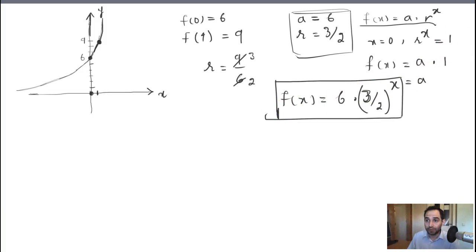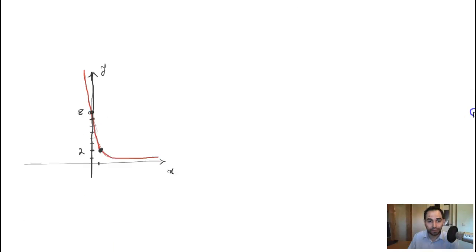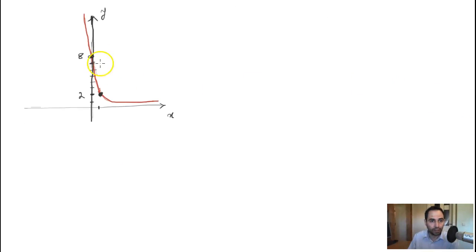Okay, so I have another example. Here again we have the same story. f of 0 is equal to 8. f of 1 is equal to 2. The general form of this exponential function is f of x is equal to a times r raised to the power x.